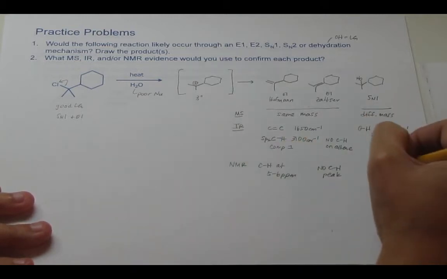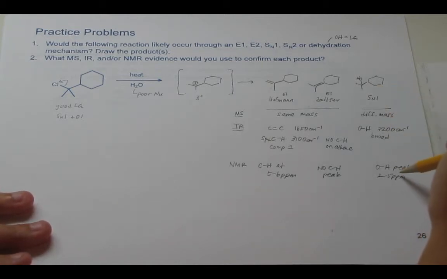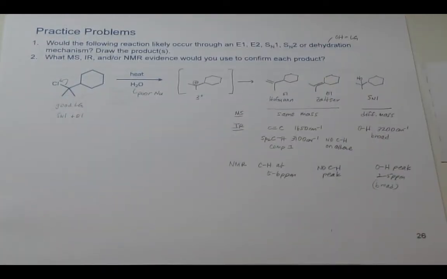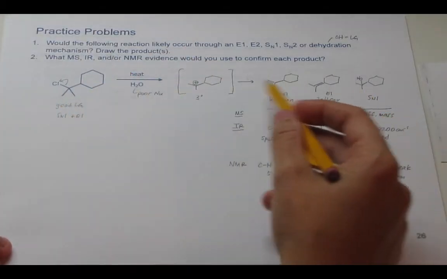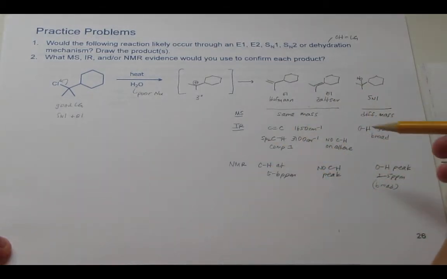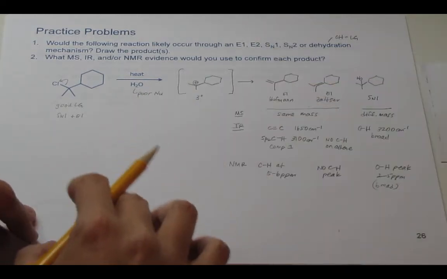It can be anywhere from 2 to 5 ppm. So IR is probably a better way to tell this compound than NMR, although for NMR this peak does tend to be broad as well and may be easy to see. Okay, so that's the first problem, where before you could have drawn the reaction, and now we're seeing how to use data to exactly tell what the different components of our mixture are.